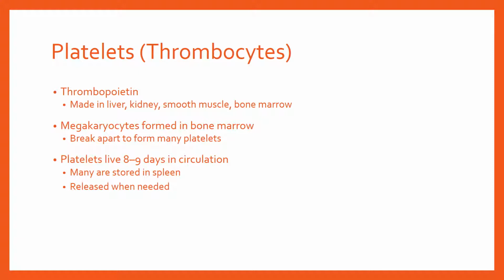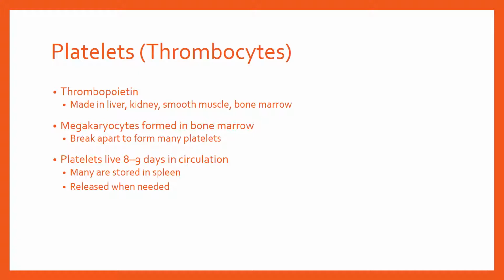So when we have an insufficient amount of platelets, thrombopoietin is made, which signals the bone marrow to produce megakaryocytes, and megakaryocytes are precursors of the platelets. Megakaryocytes are huge formations that eventually break down into numerous platelets.